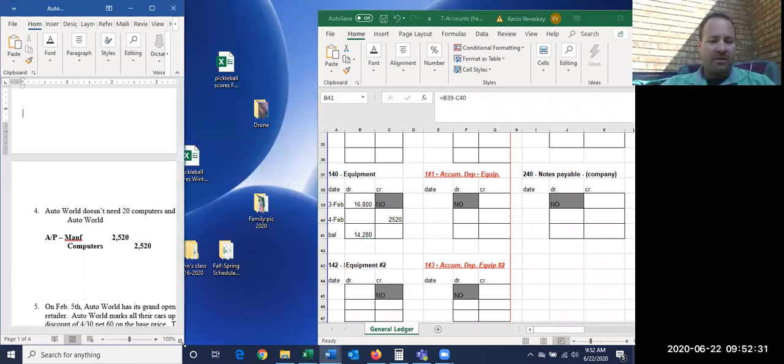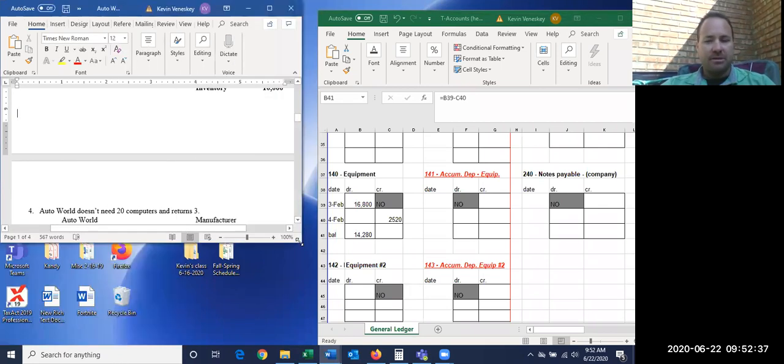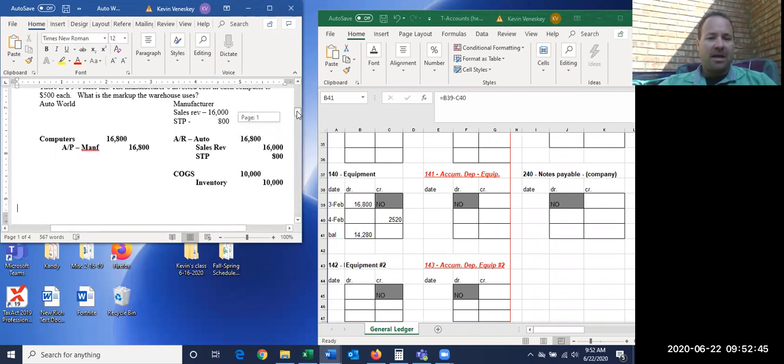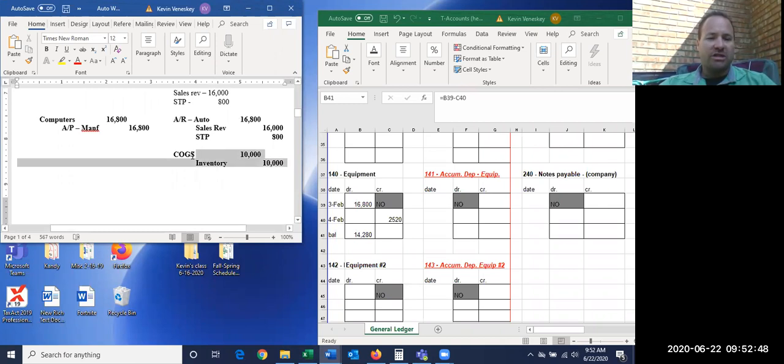Now let's do this from the seller's point of view. We're not going to do the T accounts, but we can see how the T accounts would be affected. So the manufacturer, whenever there's a sales return, is going to look just like a sale. It's going to have these two journal entries, except when it's a sales return, everything is just flipped.